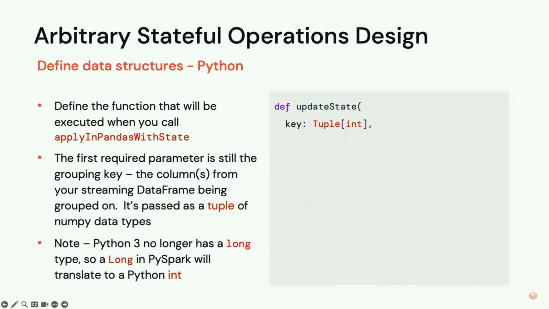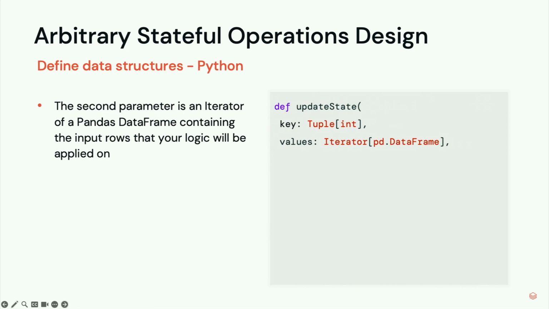Even if there's only one key, because you can have one or more fields in your grouping key, but even if it's one key, it's still going to be a tuple. You do need to give it a data type for that tuple. And now here in Python 3, you'll notice in Scala, my example had that as a long. Python 3 actually doesn't have a long data type anymore. So the long type in PySpark matches to an int. That's why I need to define int there.